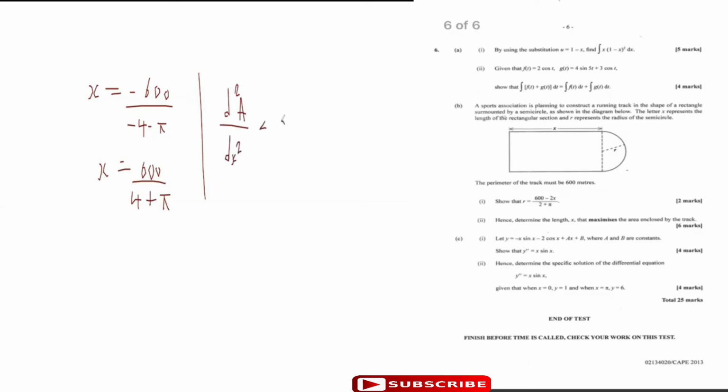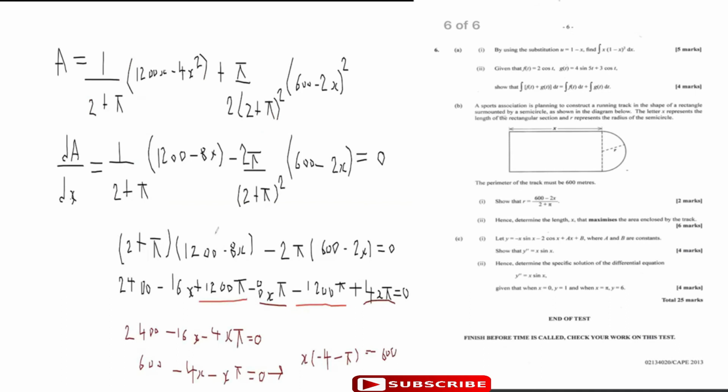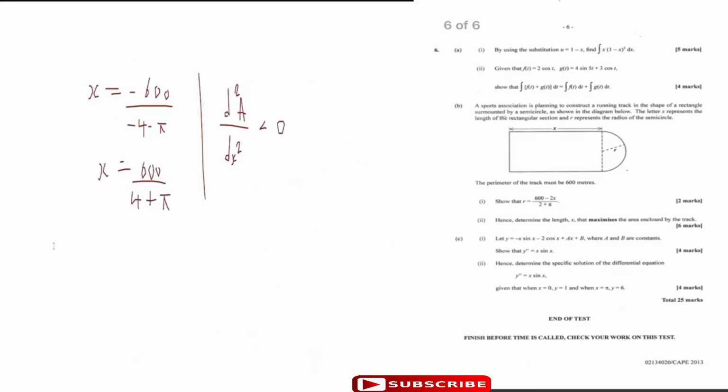I automatically know that. How do I know that? From right here. Minus 8x. You're going to get a negative number. And so this is the value for x that maximizes the area.